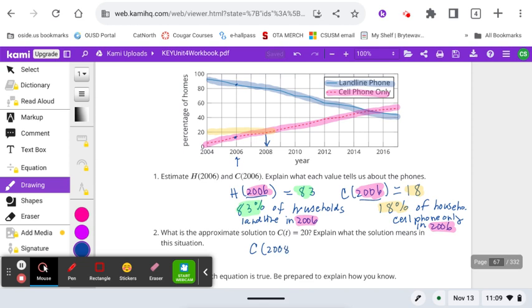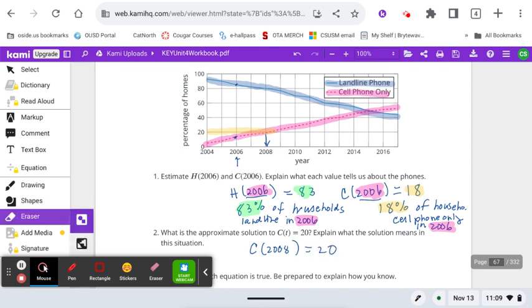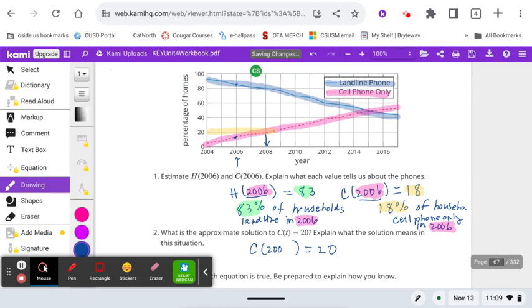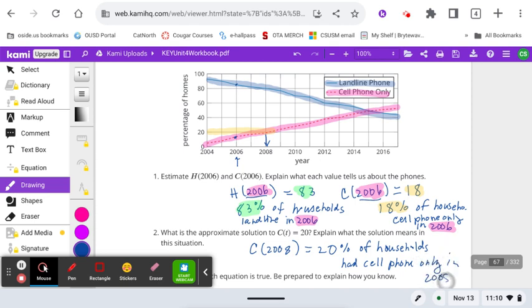It would have been 2008, when 20% of households had cell phone only. And that was in 2008.